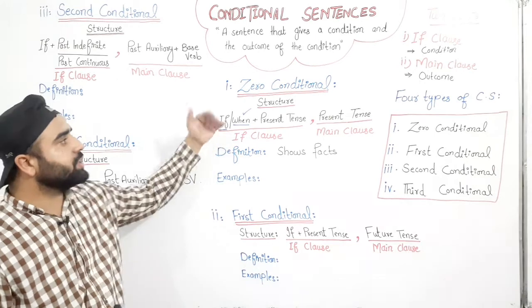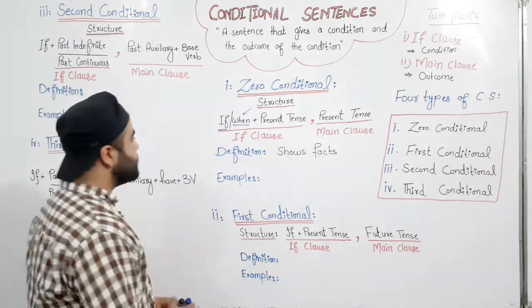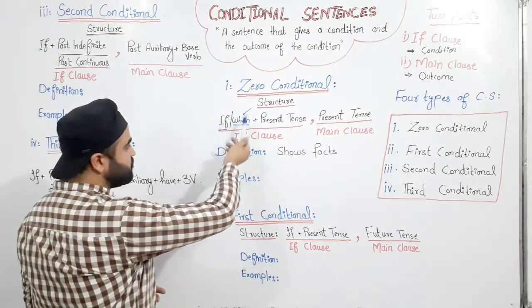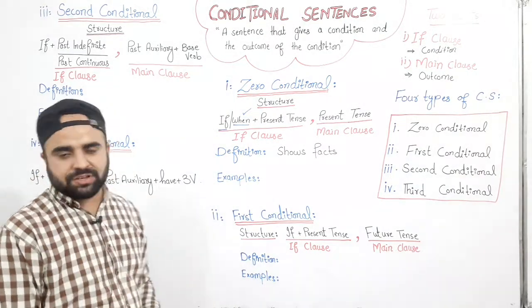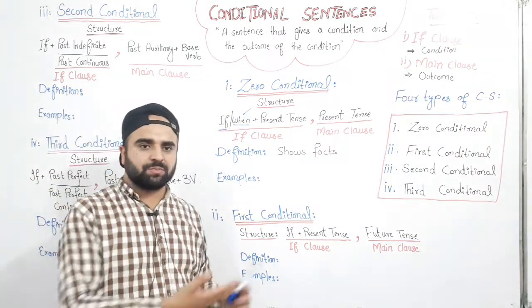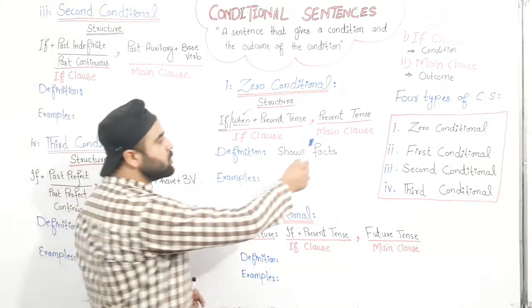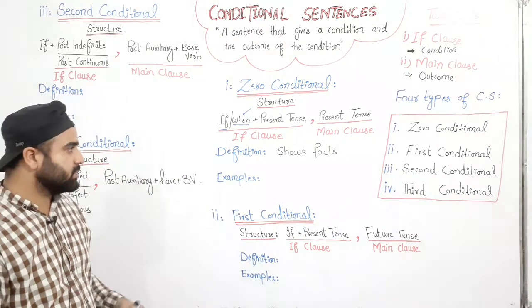That's why we call it a zero conditional, because it shows facts. The structure for the if clause will be if or when and then present tense. So it can be present indefinite, present continuous, perfect, or perfect continuous tense. And then the main clause will again have the same present tense.